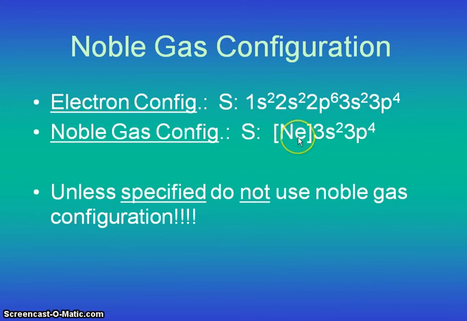So neon's actual electron configuration is 1s2, 2s2, 2p6. So we just cut this whole portion out and simply put neon's symbol with the brackets and then finish the last part. So you can see how in some of the elements with the larger configurations, this would be a much simplified and shorter version of how to write the configurations.